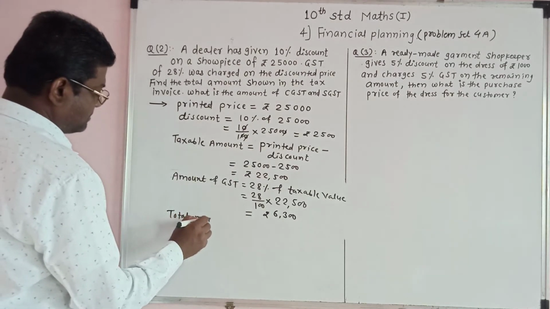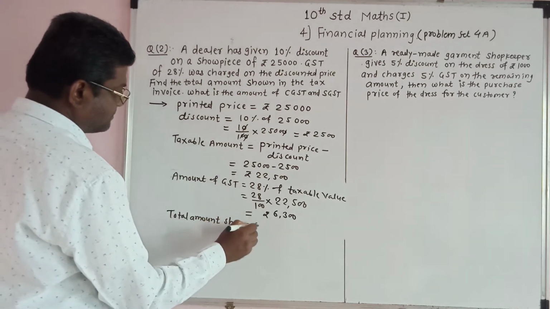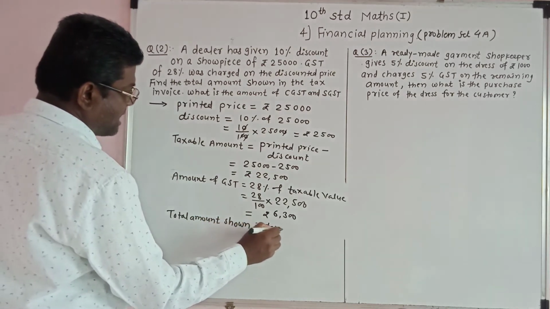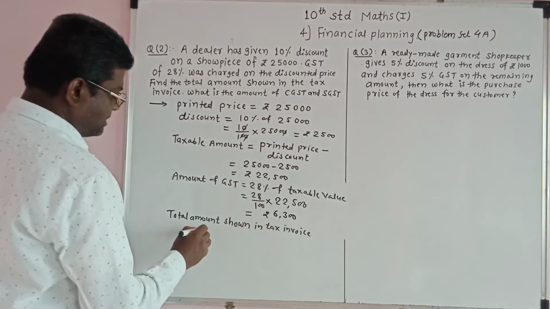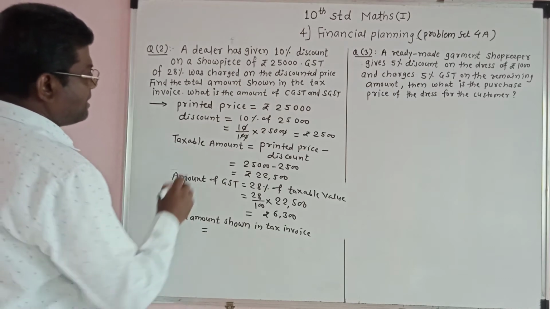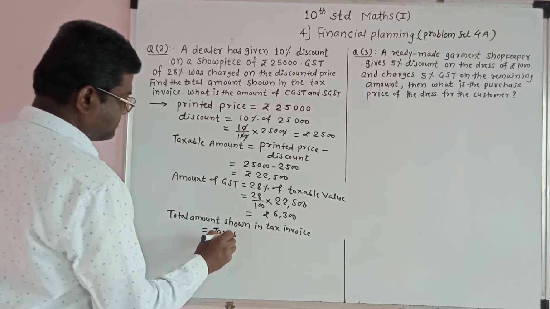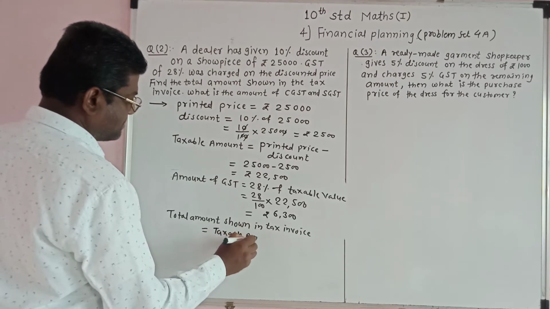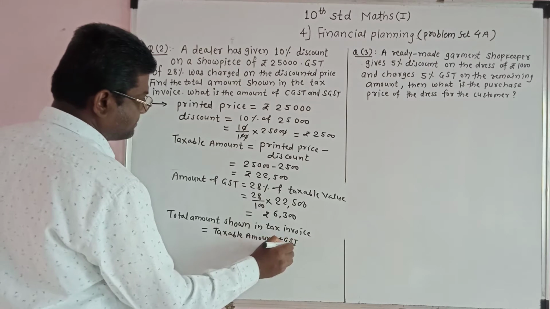Now we have to find the total amount shown in the tax invoice. Total amount shown in the tax invoice is equal to taxable amount plus GST.